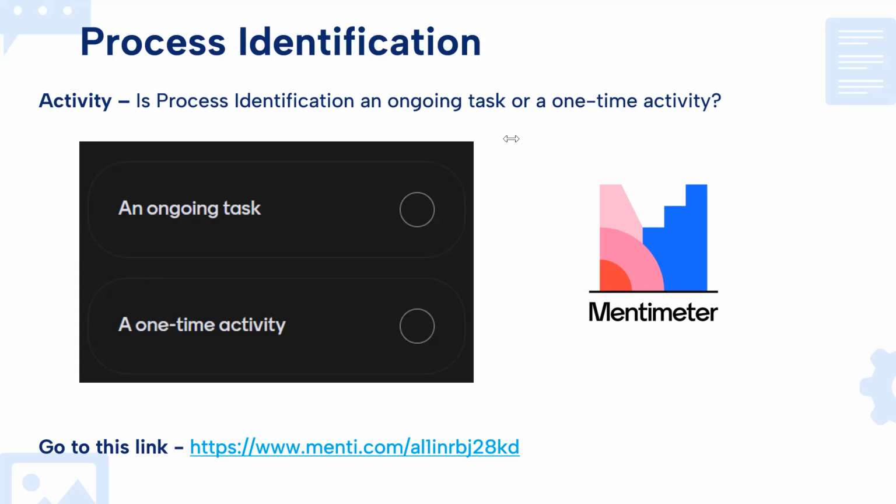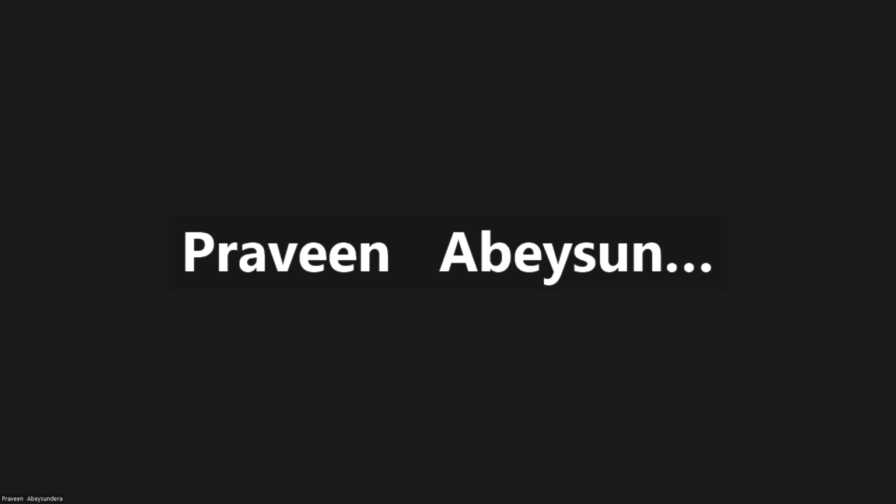Okay, so we'll do a small Mentimeter activity. What you have to do is, I will copy this link to your chat box. You can go straight to that link, or you can go to menti.com and type the voting code that I am going to share in a few minutes. Just give me a minute until I copy the link.